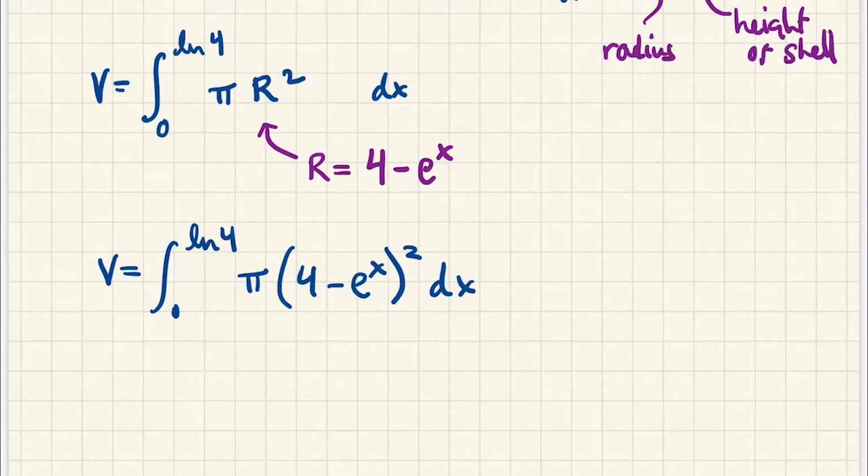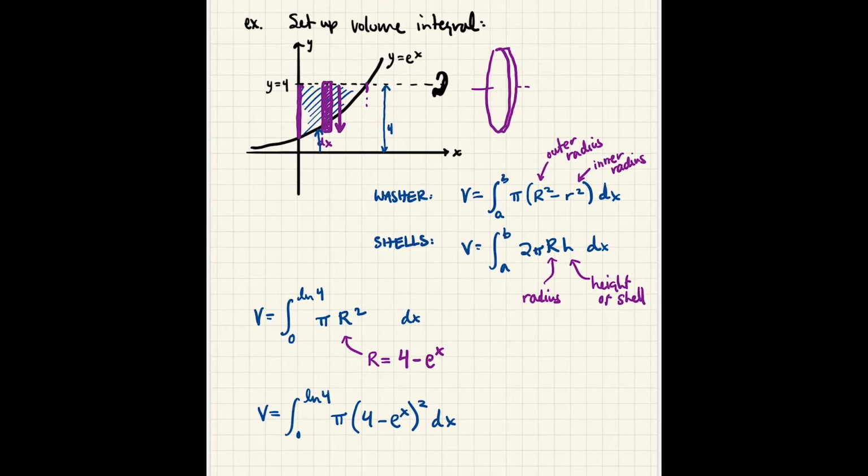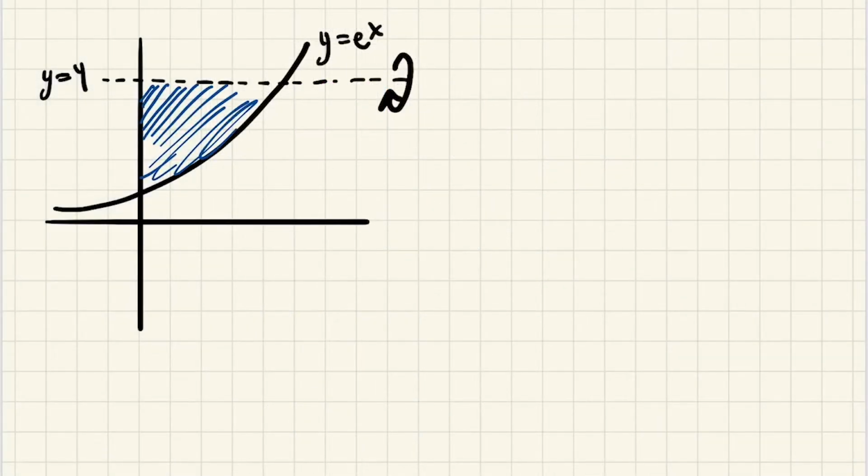All right, now let's talk about how we might have set this up if we'd opted to integrate with respect to y. So let's suppose everything about this problem is the same, but now we are choosing to integrate with respect to y. So we're going to integrate dy. And now if you take this purple rectangle and rotate it around the axis of rotation, you're going to get a shell shape object.